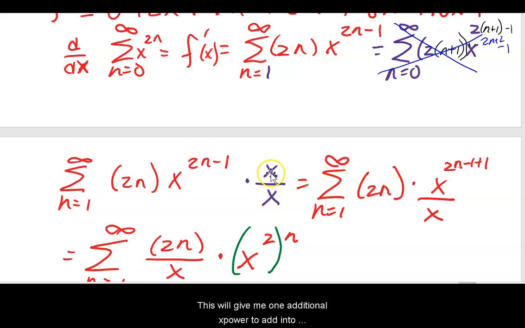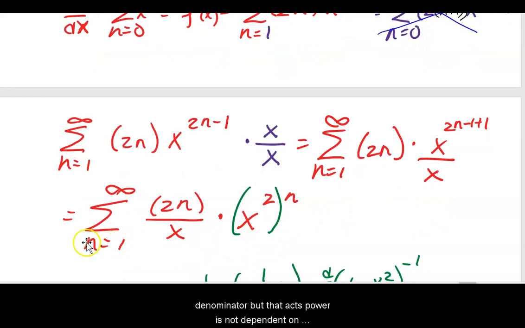This will give me one additional x power to add into the x to the 2n minus 1, which will enable me to write it as x to the 2n. This does give me an additional x power in the denominator, but that x power is not dependent on the index of summation, so it could be brought outside of the power series.